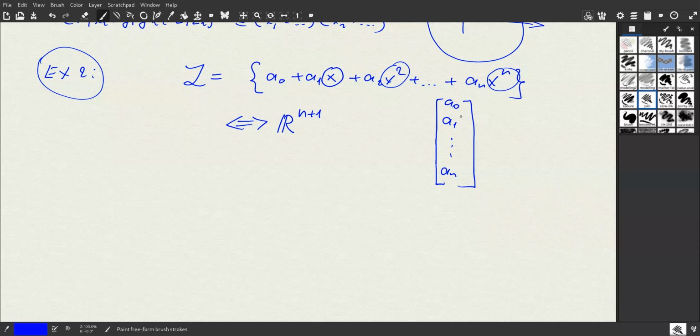Addition of polynomials results in adding up the coefficients. Multiplying a polynomial by a number, yes, it is multiplying its coefficients by a number, but multiplying polynomials together, one polynomial by another, is not defined in this case, simply because if we define it, then the degree of a resulting polynomial can, in general, be greater than n, and therefore we are not constrained by these n plus 1 dimensions anymore.